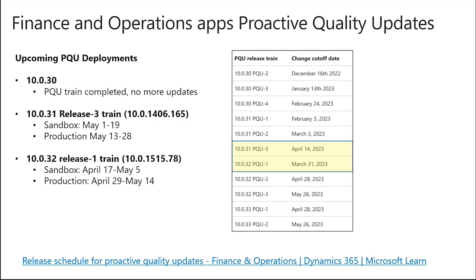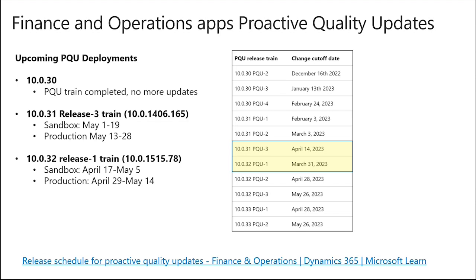Sandbox environments can be updated during the week, and then production environments are always updated over the weekend, and that's the May 13 to 28 timeframe, depending on, of course, which station you're a part of, based on the region. And then 10.0.32 sandboxes are already underway. Production for that is the April 29 to May 14 timeframe. So that is all for the proactive quality update side.